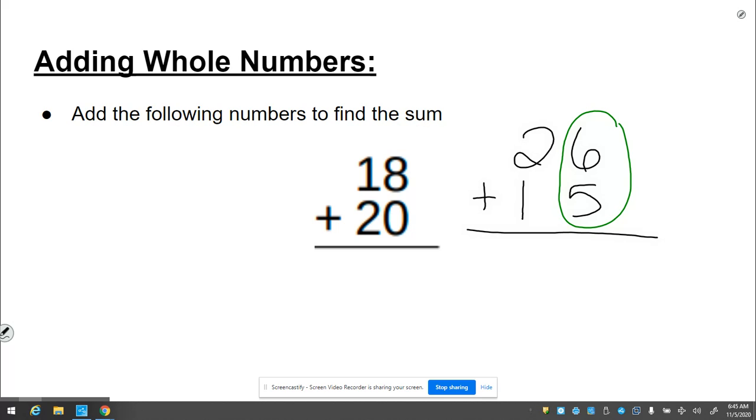Ooh, I can't just write 11 down here though, so I'm going to put the 1, and I'm going to carry the other one over to the tens frame. Now we add up our tens frame. 1 plus 2 is 3, plus 1 more is 4. So sometimes we have to carry our numbers over too, so that's one important thing to look for.